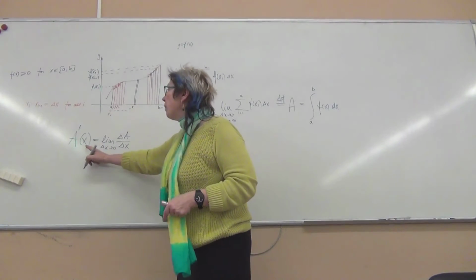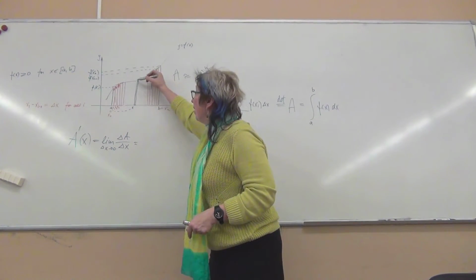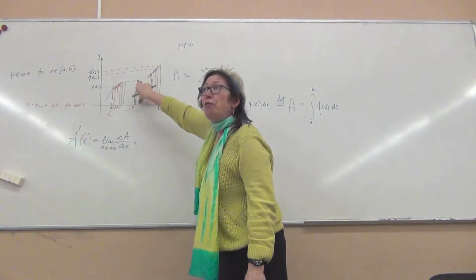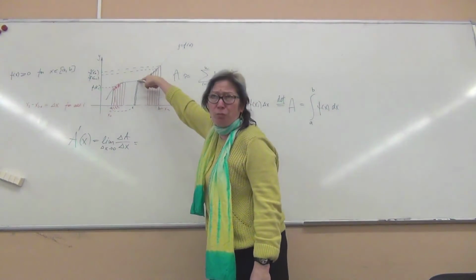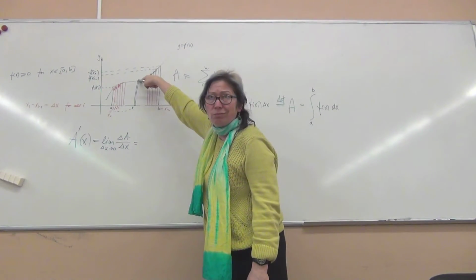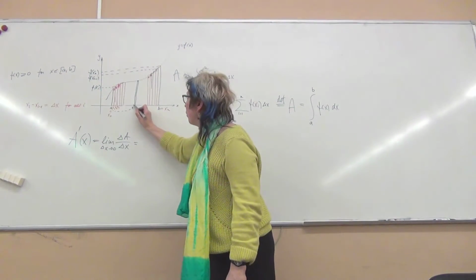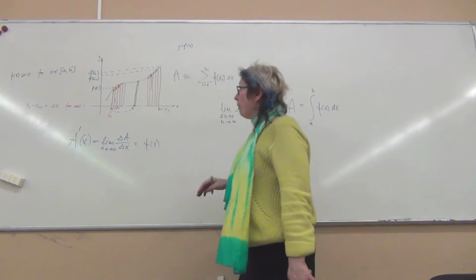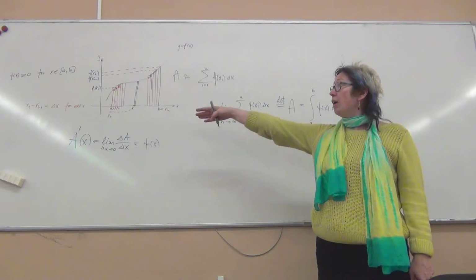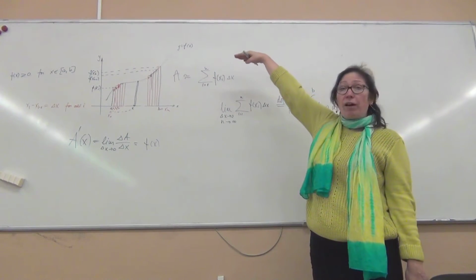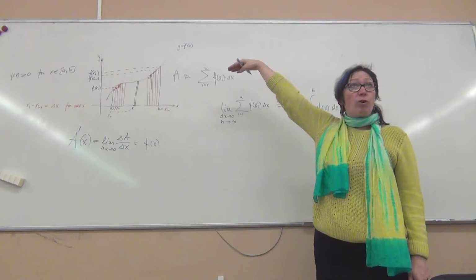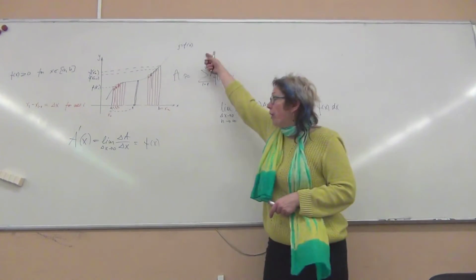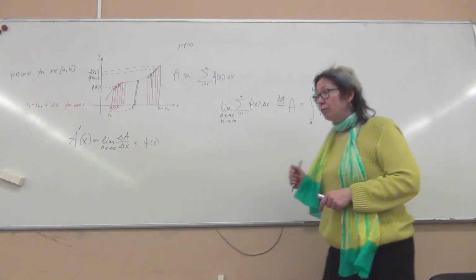Because for any specific x value, if you divide the area of a rectangle by its width, you get the height. The height of this rectangle is the function value at that point, for this particular x value. So, if the derivative of the area function is the function f of x, then obviously the antiderivative or the primitive function of f of x is this function.